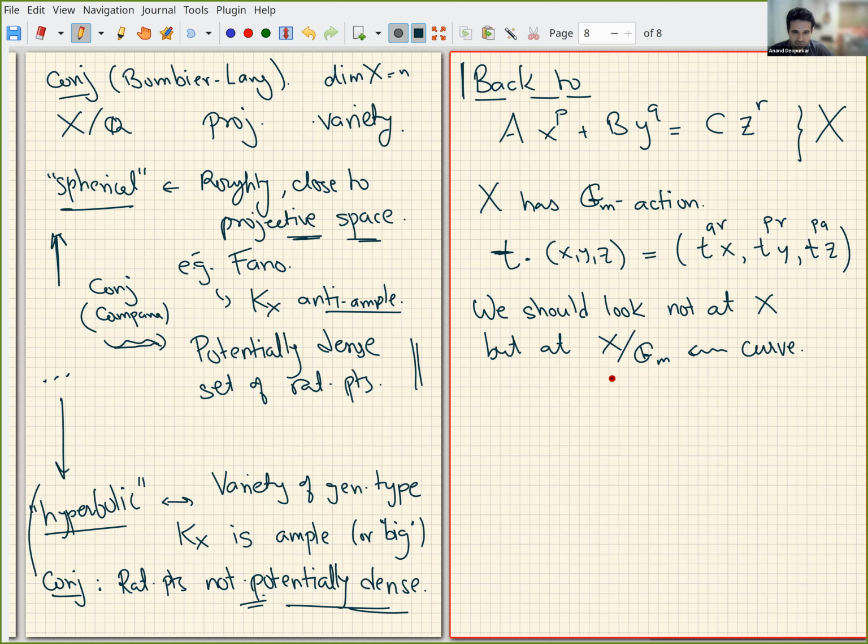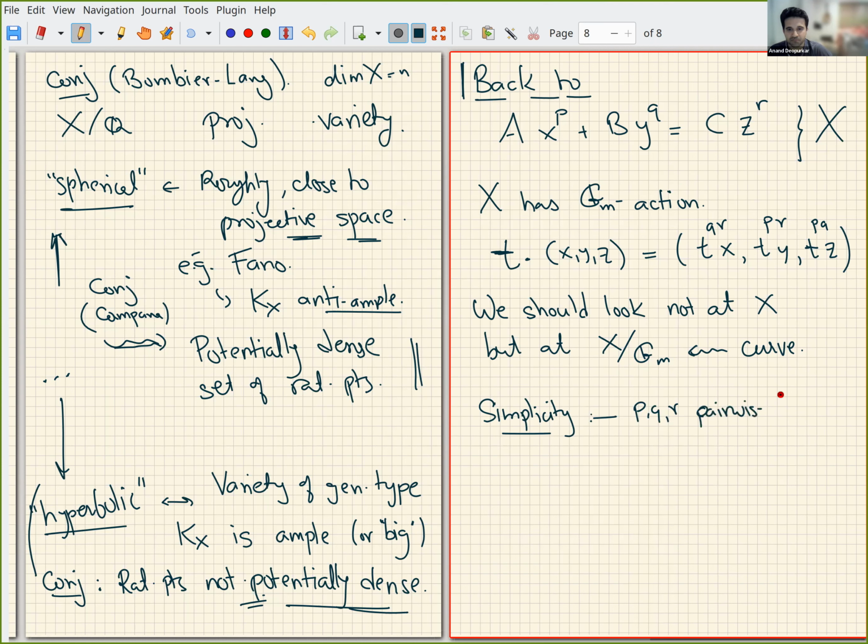Now, what is this quotient? It is a bit tricky. It depends on what P, Q, R are. But the easiest case, for simplicity, let's assume that P, Q, R are pairwise coprime.